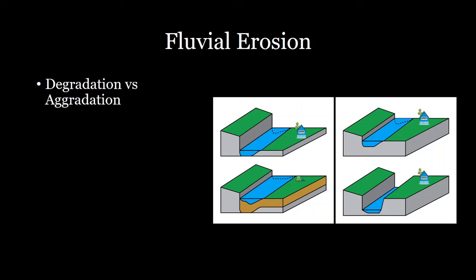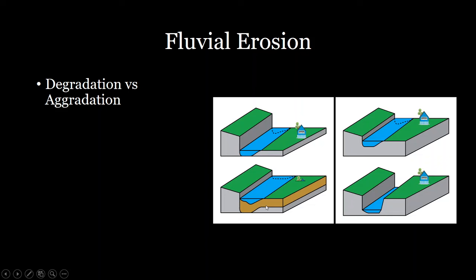So degradation is when sediment is removed from a river, and that river starts to incise, as you can see here, whereas aggradation is when sediment is deposited in a river and you start to have a buildup of material.